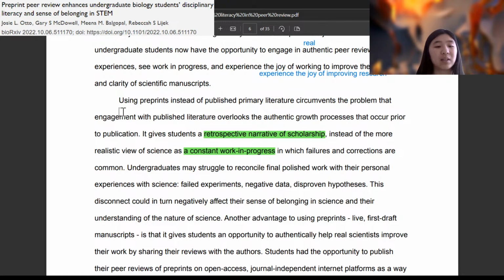And then for the first sentence, using preprints instead of published primary literature circumvents the problem that engagement, oh, that's kind of wordy.